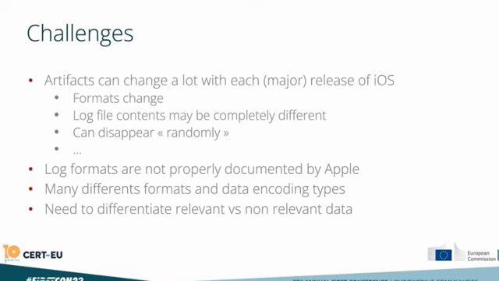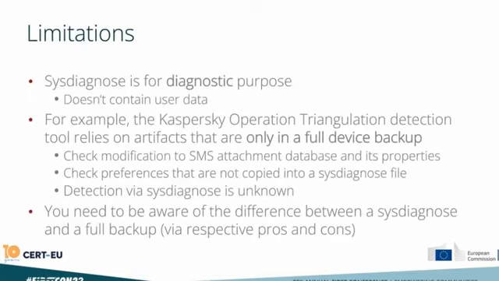But this is actually an undocumented feature, so you need to struggle a bit and try to make sense of what you have, and then you need to deal with all those different formats and data encoding types, and then try also to find your way through what is relevant and what is not. And most probably there are things we can add or we should add, and we are welcoming ideas. So in terms of limitations, it is a diagnostic feature by design, so it's not made for forensic purposes.